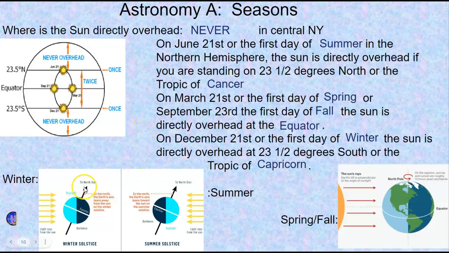You're going to see the northern hemisphere is tilted away, so this is winter. Northern hemisphere is pointed towards, so it's summer. When it's equal like this, it is spring or fall. These are common pictures that you may see and get asked about, like what season it is, or what equinox, or what solstice it is.